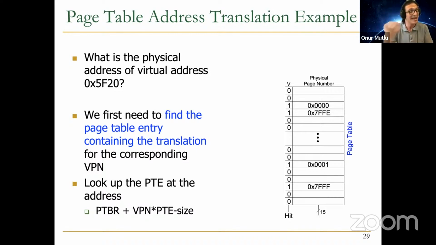Indirection means another memory access to do the translation. So we need to access the page table, which is in physical memory, to get the translation for a virtual address so that we can access the memory at the physical address corresponding to that virtual address. That's the idea over here. So this is the address that you need to access in physical memory to get the translation: page table base register plus virtual page number times the size of a PTE. Okay. The size of a PTE can be 4 bytes, 8 bytes, depending on the implementation clearly. This needs to be specified in the ISA also.